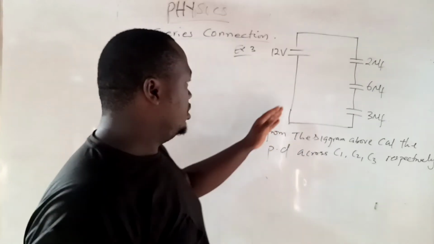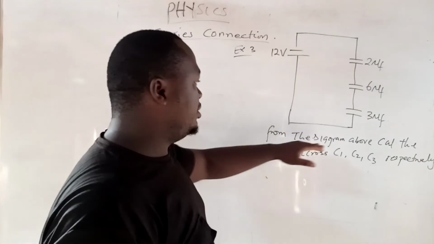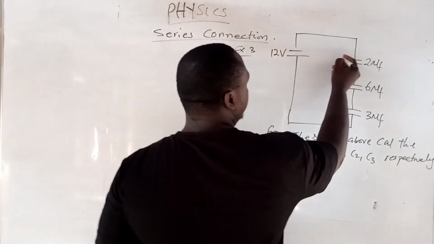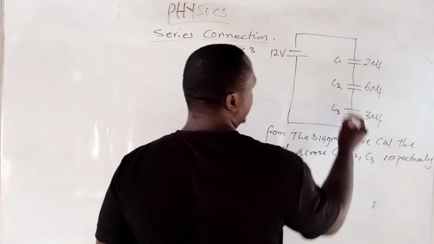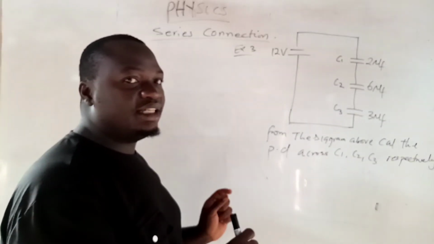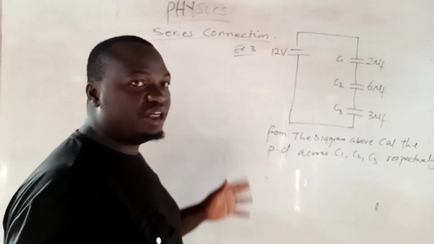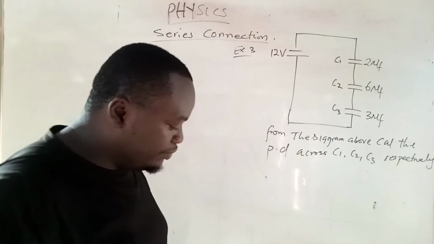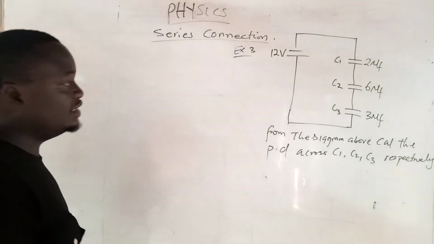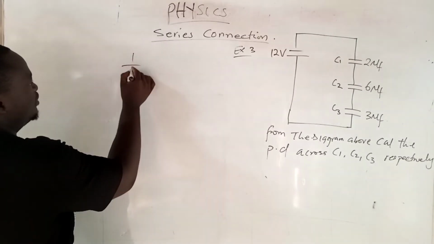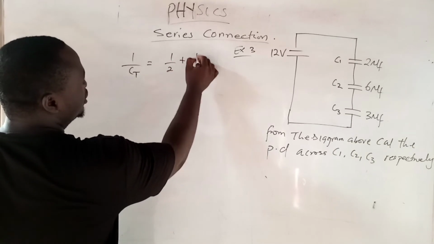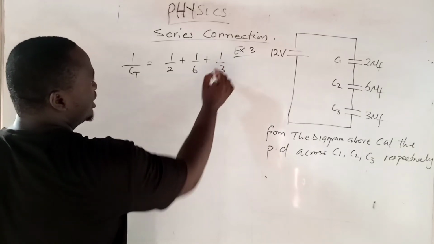Number 3, we have a diagram here. From the diagram above, calculate the PD across C1, C2, and C3. So this is C1, C2, and C3. Now, remember in series connection the potential differences are not the same, but the charges are the same. So the first thing we need to do is get the total or combined capacitance. 1 all over CT is equal to 1 all over 2 plus 1 all over 6 plus 1 all over 3.